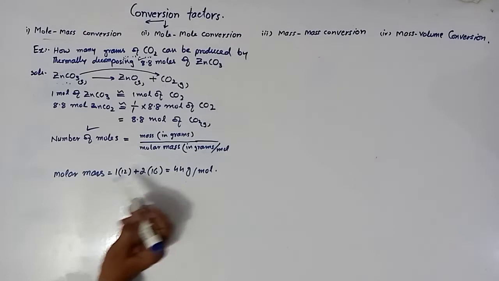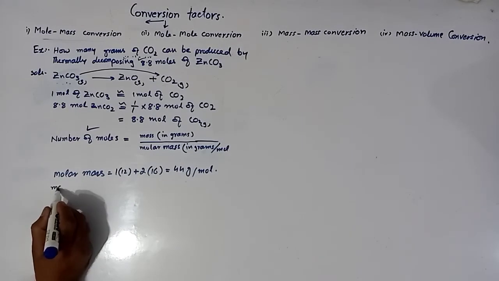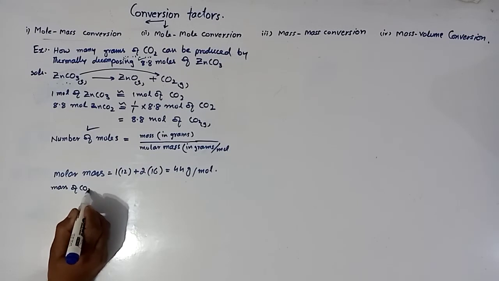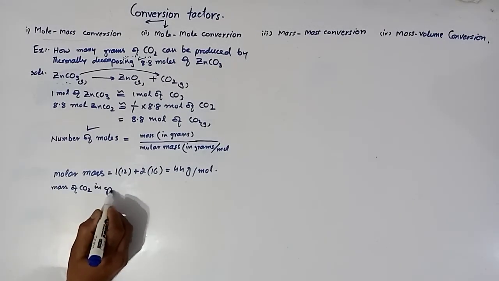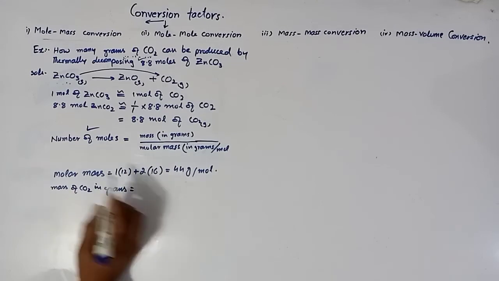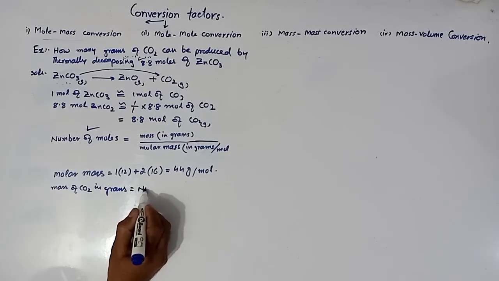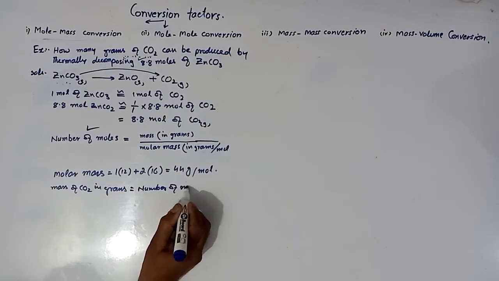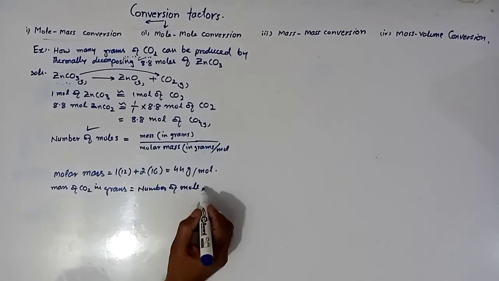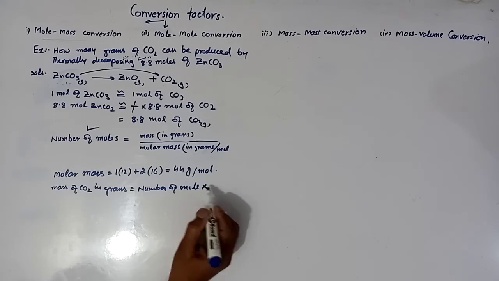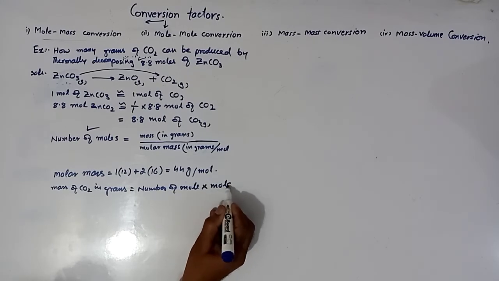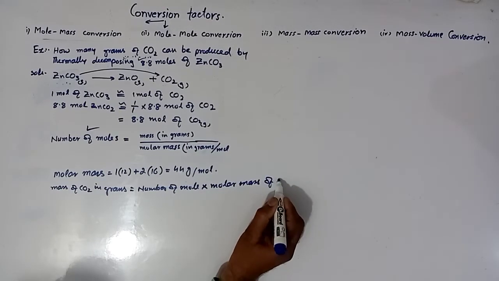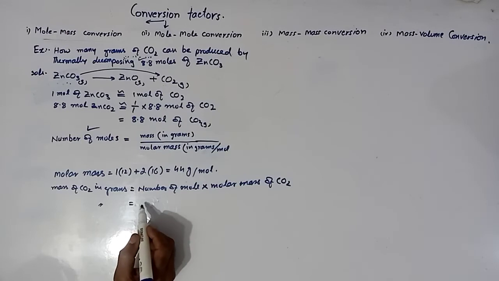Mathematically, we can write this formula as mass of carbon dioxide in grams is equal to number of moles of zinc chloride multiplied by the molar mass of carbon dioxide.